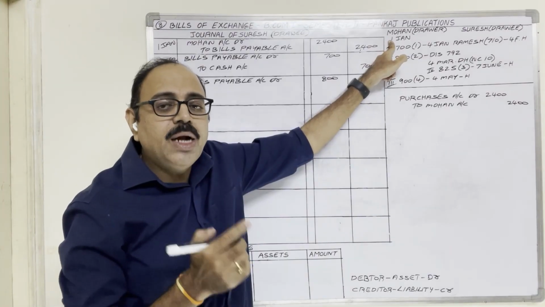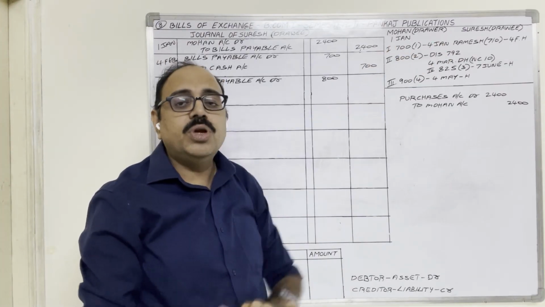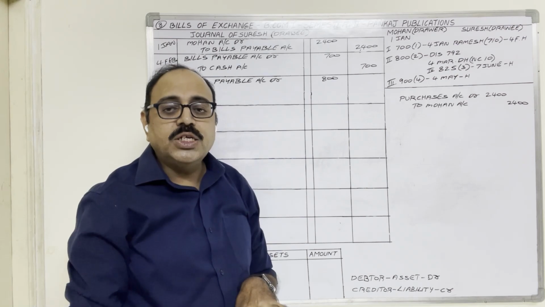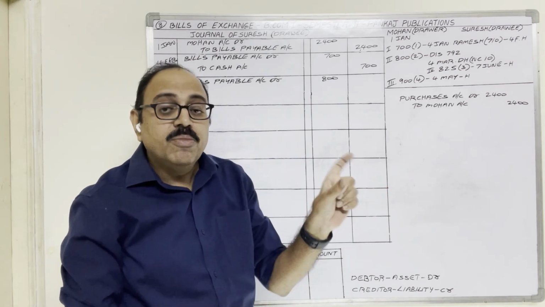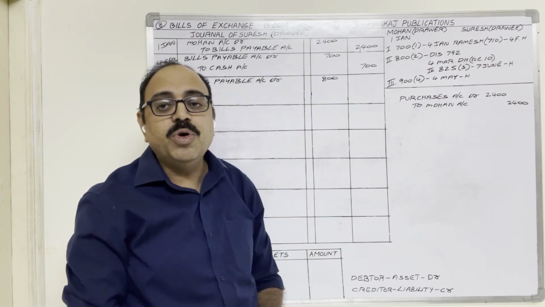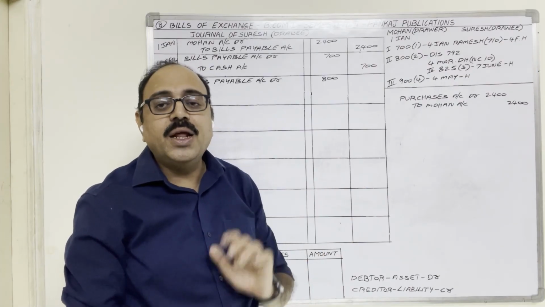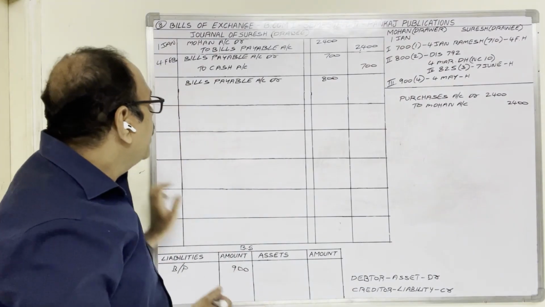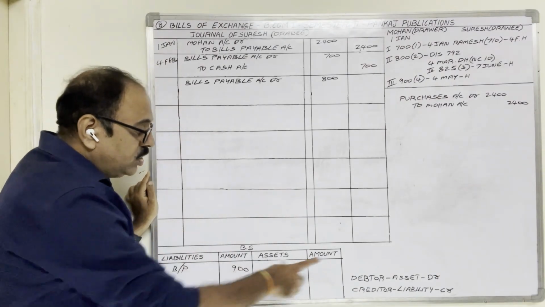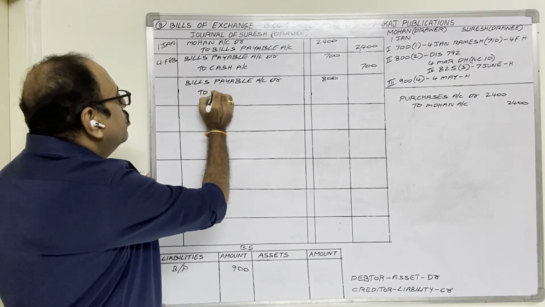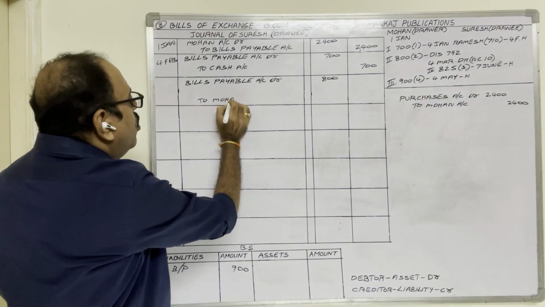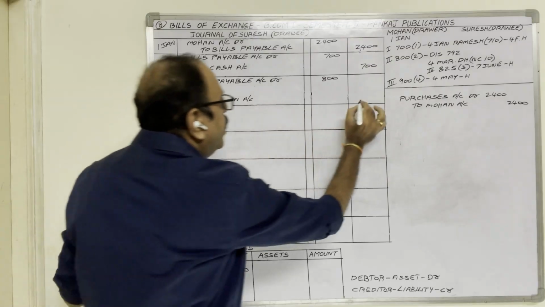Then Mohan demands that money from Suresh only. So to Suresh, Mohan is a creditor for this bill amount of 800 rupees plus noting charges of 10 rupees, total 810 rupees. A creditor shows a credit balance, so we have to credit Mohan account with 810 rupees.